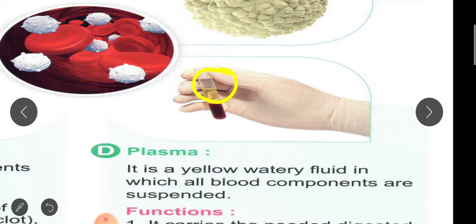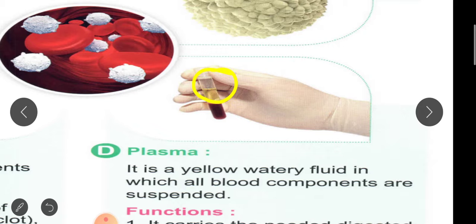So the plasma is like yellowish water where the red blood cells, white blood cells, and platelets are suspended inside it. And the plasma is what gives our blood the fluid or liquid form.